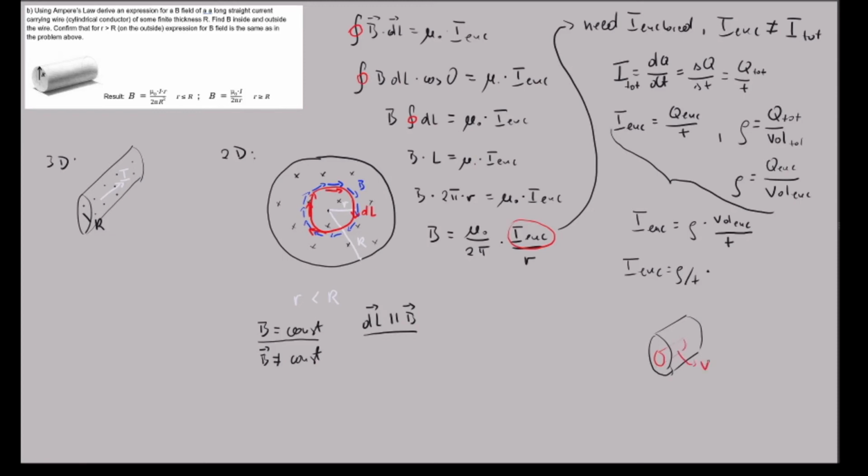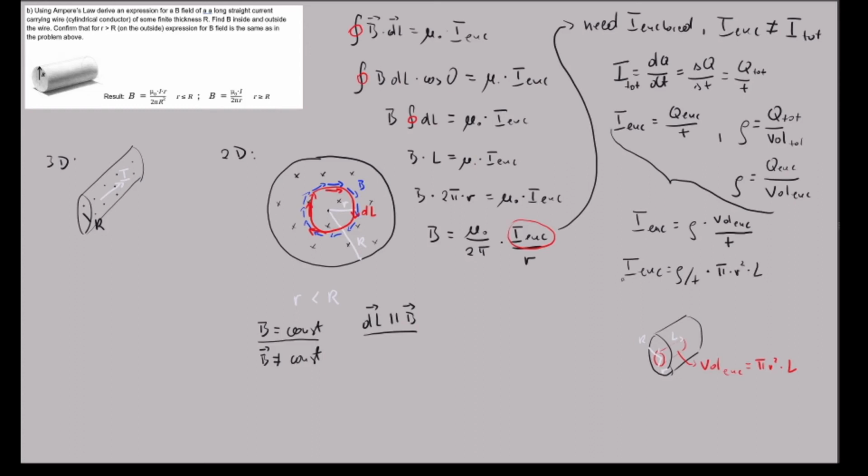This here would be the volume enclosed, and that would be pi r squared times some length L, where this is little r, just like this is big R. And the length would be some arbitrary length L of this volume that I take. So let's put this here. What I will get therefore is pi times r squared times the length.